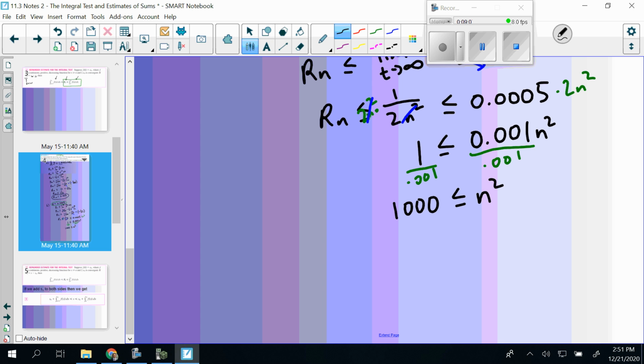Now let's divide here, or sorry, not divide. Let's square root that, and we can find our answer. So if we square root, then n is going to be greater than or equal to whatever this comes out to be. So let's square root 1,000.